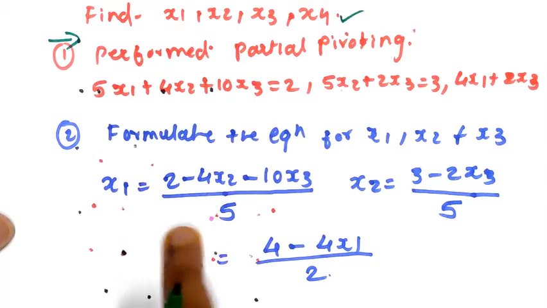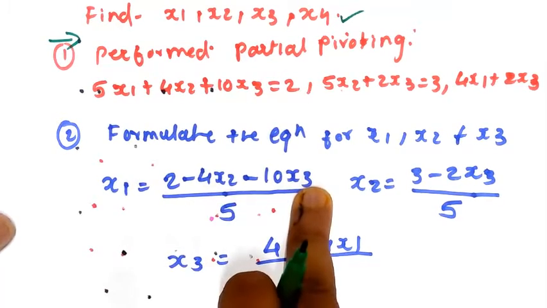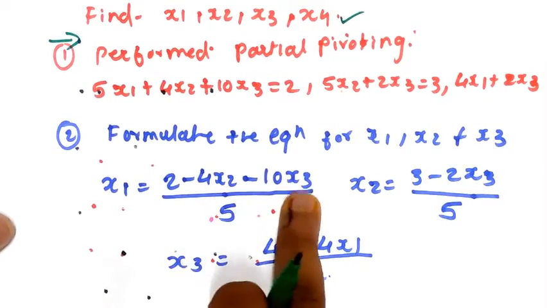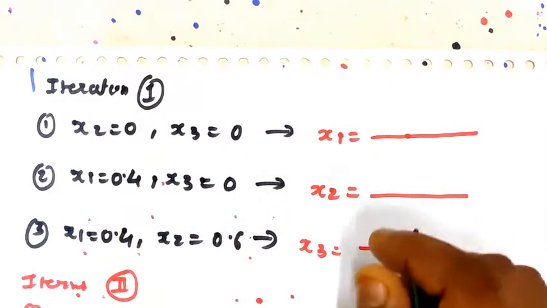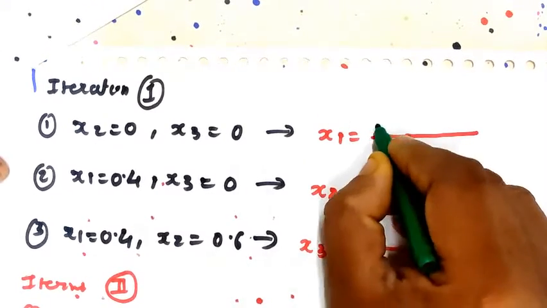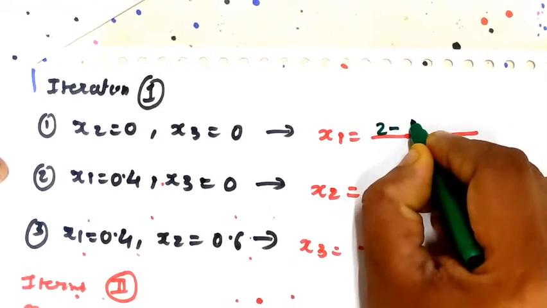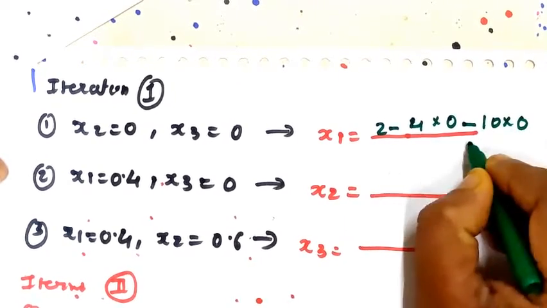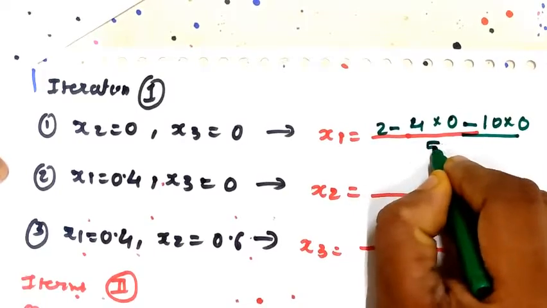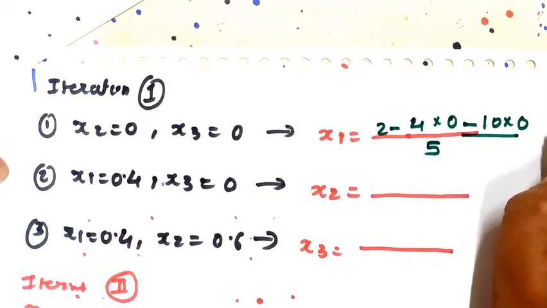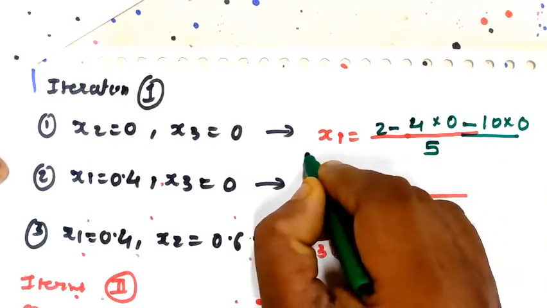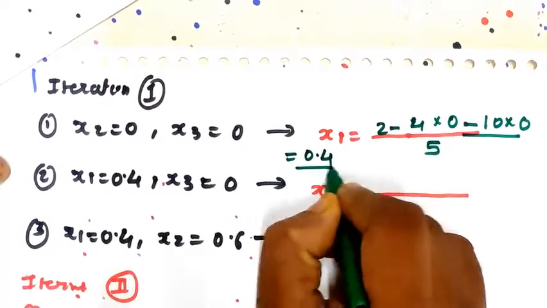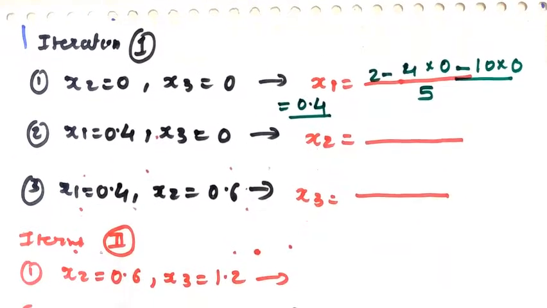So it will be (2 minus 4 into 0 minus 10 into 0) divided by 5, which equals 0.4. So x1 is equal to 0.4.